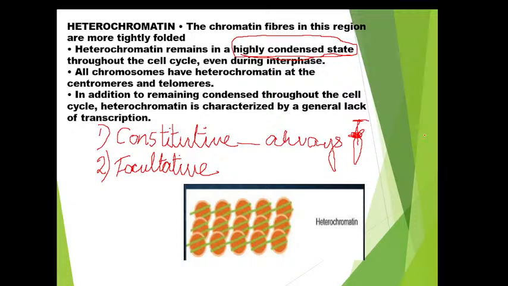It remains in a highly condensed state in all cells at all times. That means continuous silence, at the centromere and in the telomeric region. So this DNA is in a permanent silent condition.